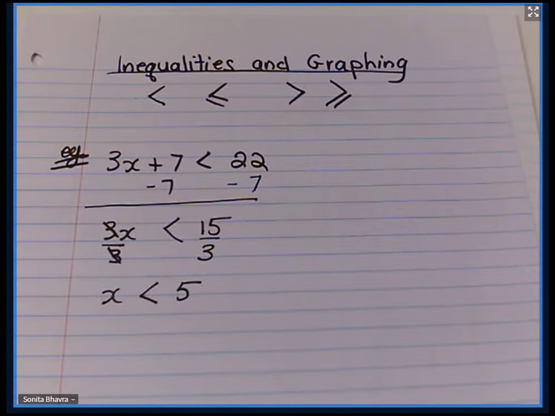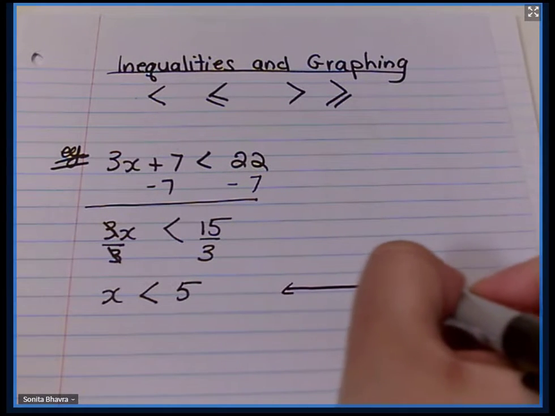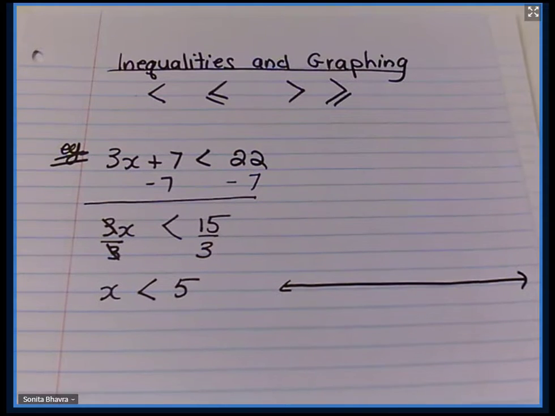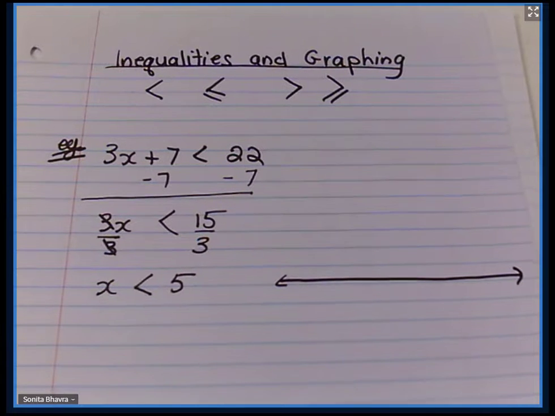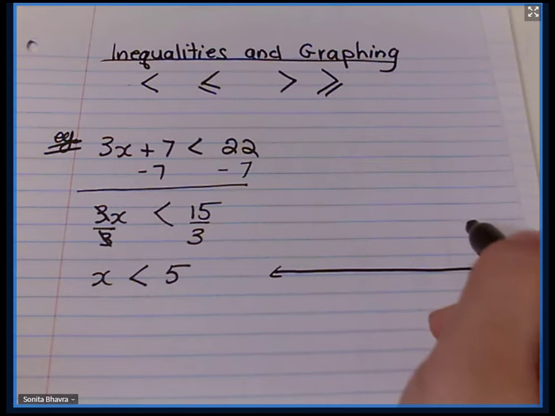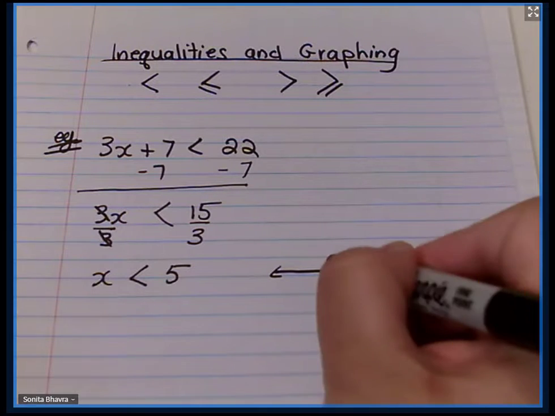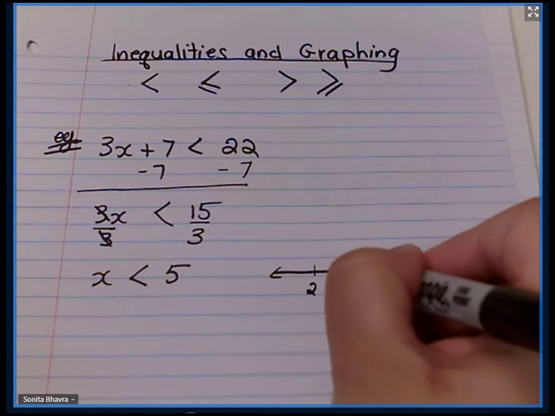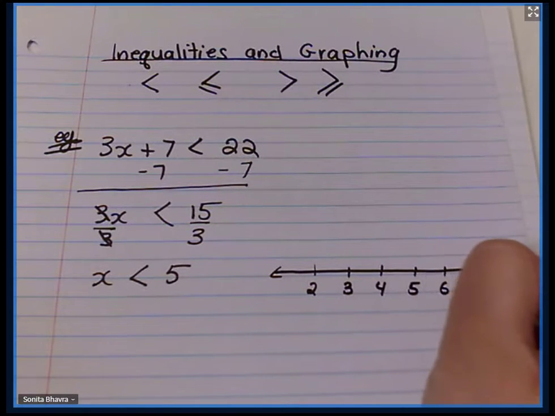The last step is drawing a number line and showing that x is less than 5. There are two ways you can show this. I'm going to label my number line first: 2, 3, 4, 5, 6, and 7.